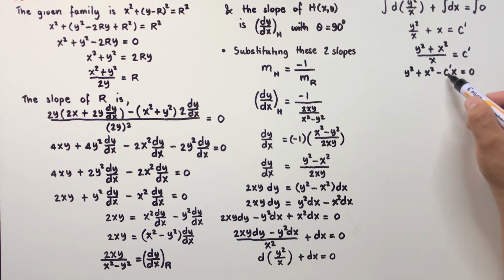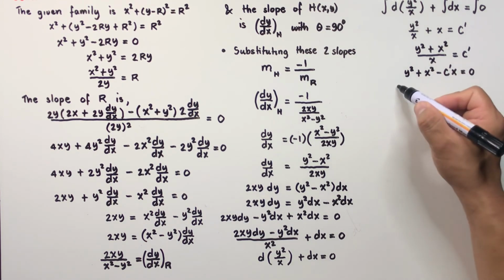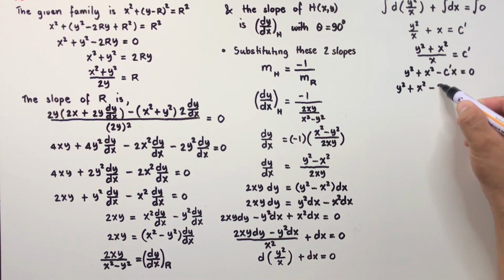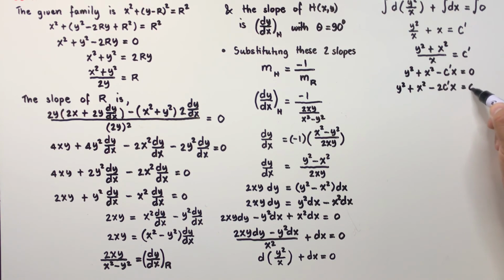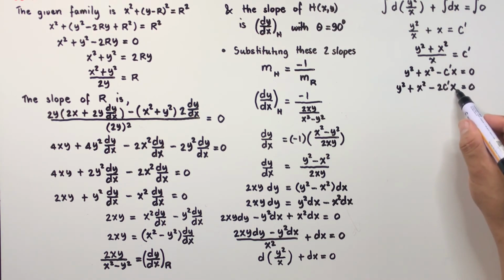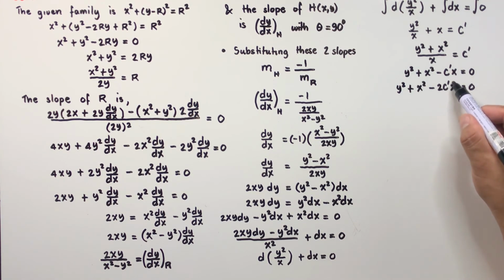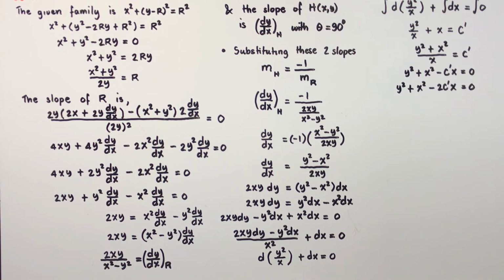But this c prime x, I can rewrite this as negative 2c prime x, so that I can complete the square for these terms that contain x's, because this 2c prime is just a constant. So it's okay that I will express that constant as 2c prime.